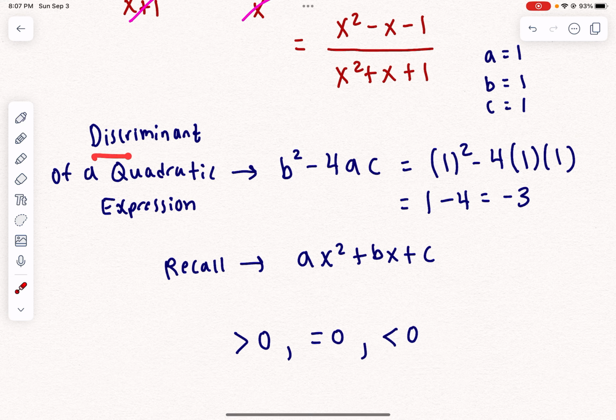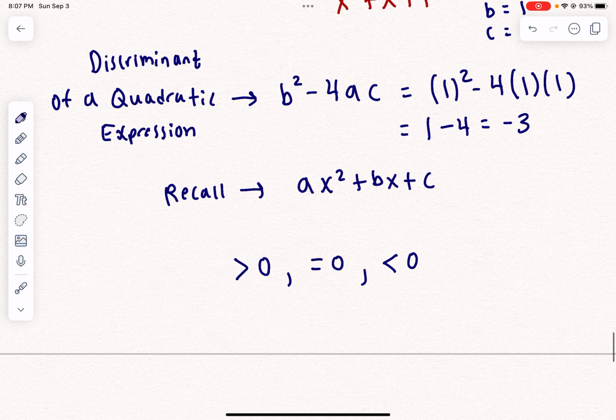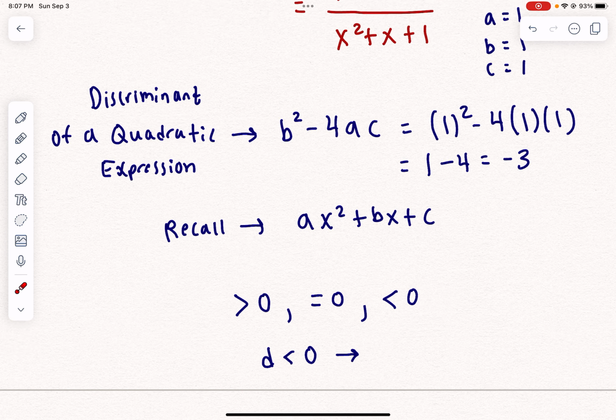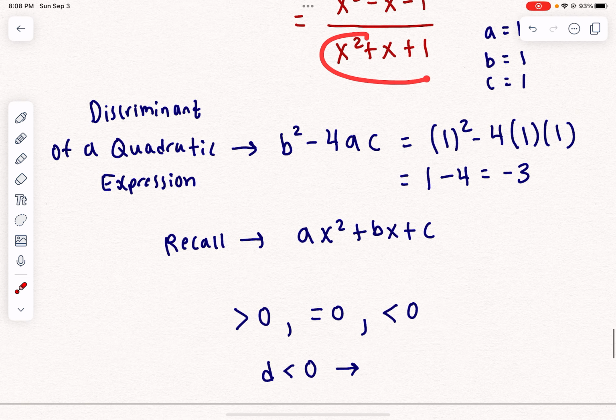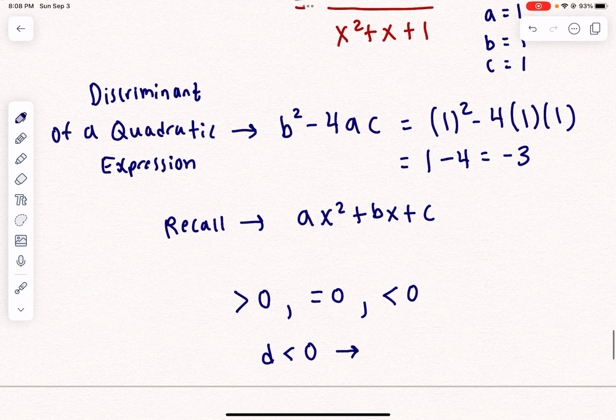In this situation, our discriminant, which I'll call D, was less than 0 because we got a negative. Whenever your discriminant is less than 0, that tells us that this quadratic expression in the denominator has no real solutions.